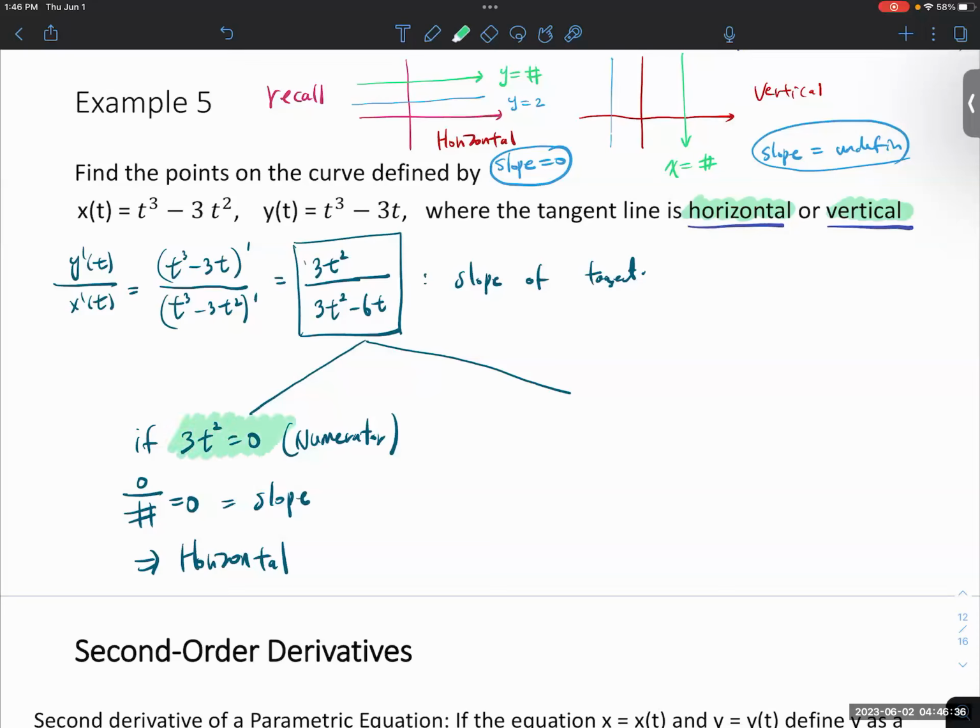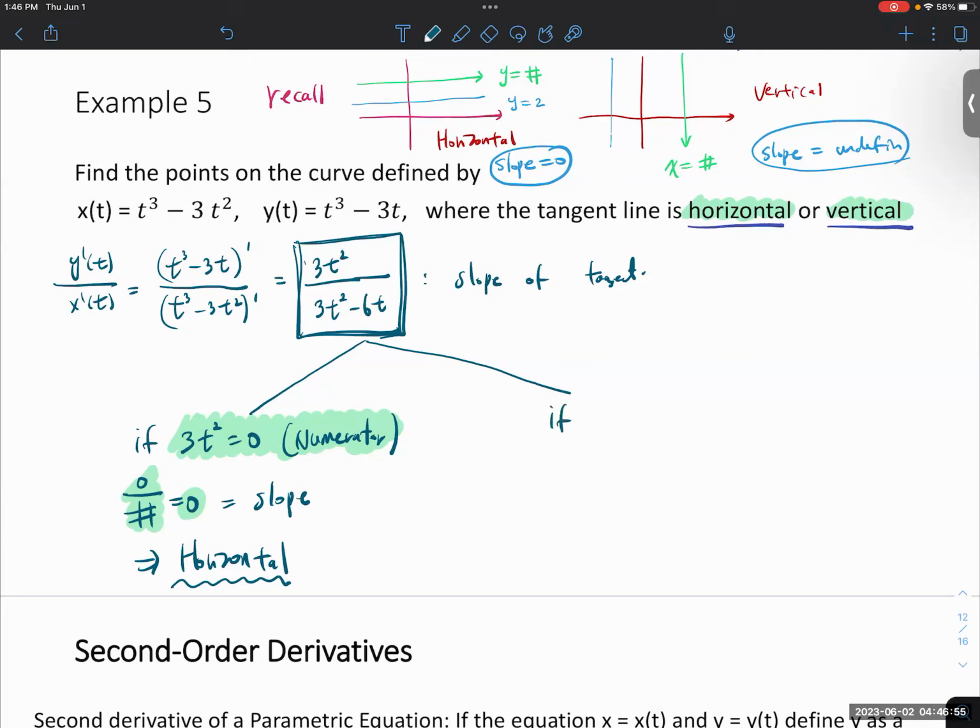One more time. Numerator equal to 0, so 0 divided by any number is 0, right? We know that this is the slope of the tangent line. Slope 0 means what? That's where you can find the horizontal line. Everything is logical thinking, relevant to each other.